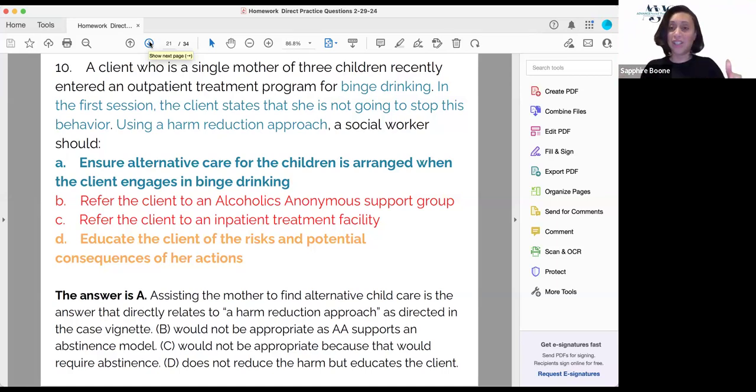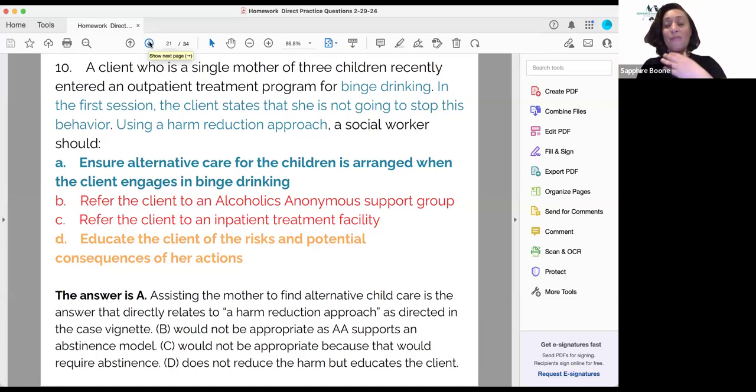But harm reduction is saying they're going to do the behavior. So how do we ensure that they, and in this case the children, are safe while they engage in the behavior? So harm reduction, the thought process is they are going to continue the behavior. That was really the reason why A was correct, because it says in the question that the client is going to continue the behavior.